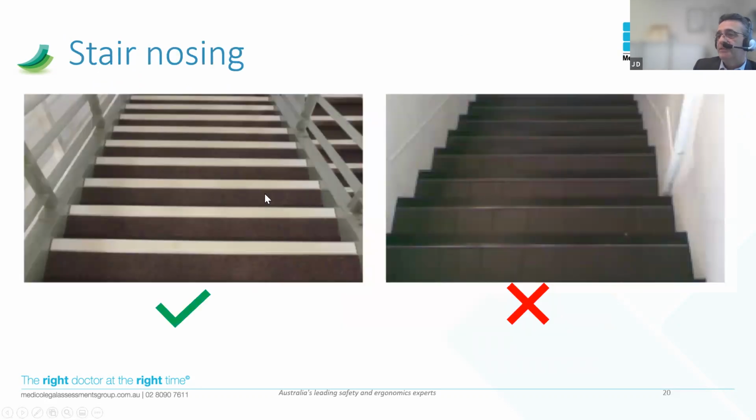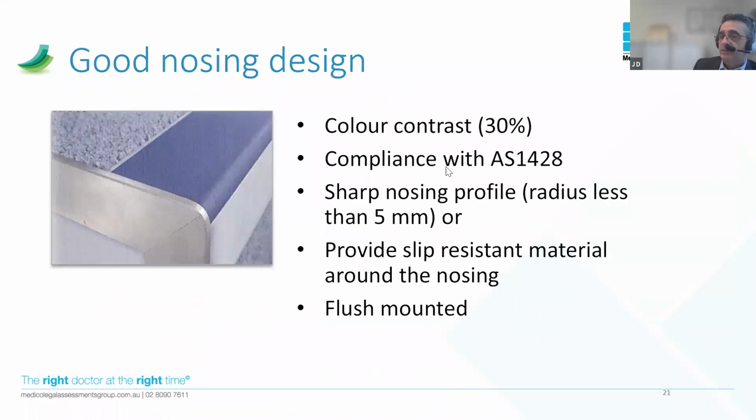So obviously stair nosing and delineation is important, as are lighting conditions. Also, the design of the nosing is important. The color contrasting, how sharp it is, the profile of it. The sharper the profile, the better. And does it have slip resistance material around the nosing area, or is it finished in a smooth finish?